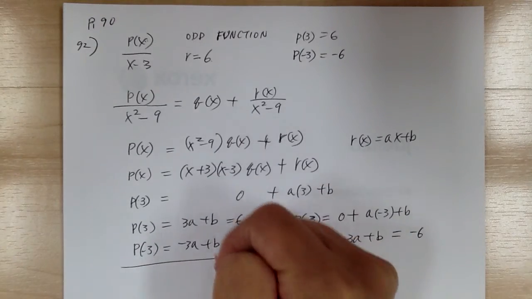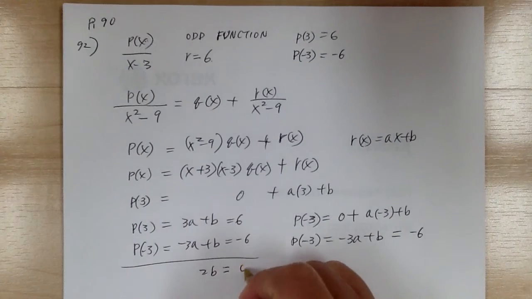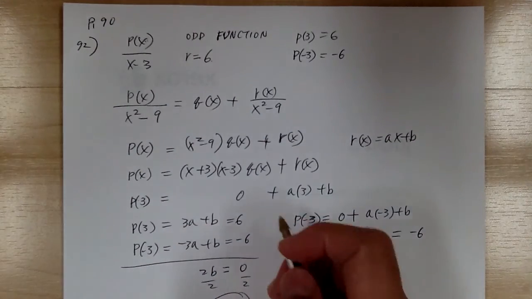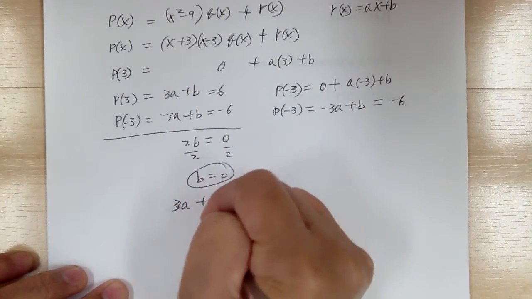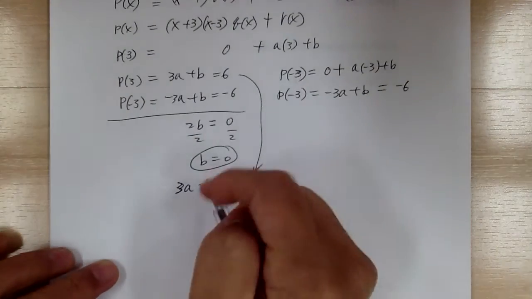We add these together, so the a terms cancel out. You get 2b equal to 0, divided by 2, so b equals 0. Once you find b equals 0, you can substitute: 3a plus 0 equals 6.